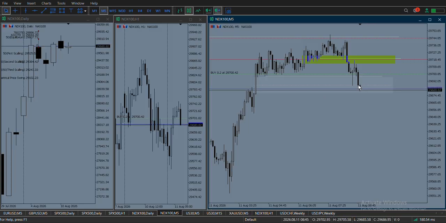So we're again 20 points down with this buy at 700. We've traded outside that inefficiency there, something that I would not really anticipate to see.